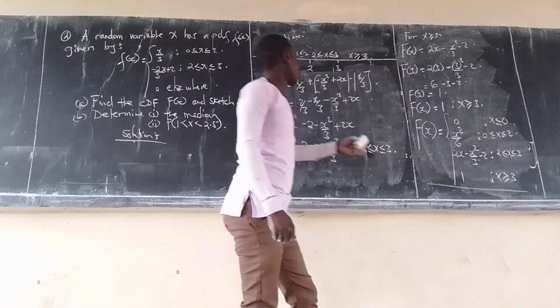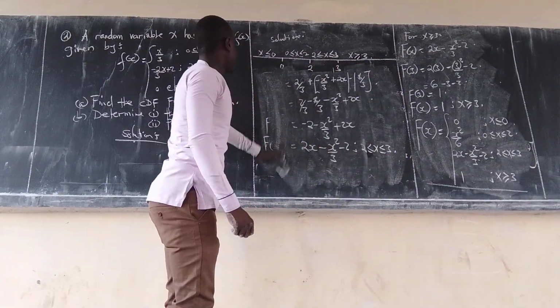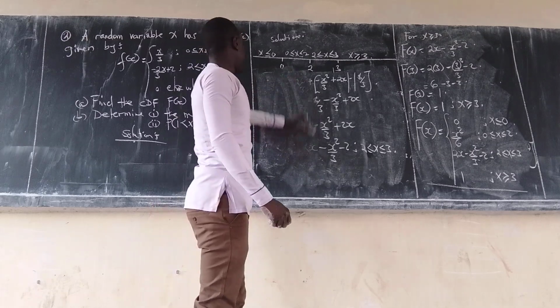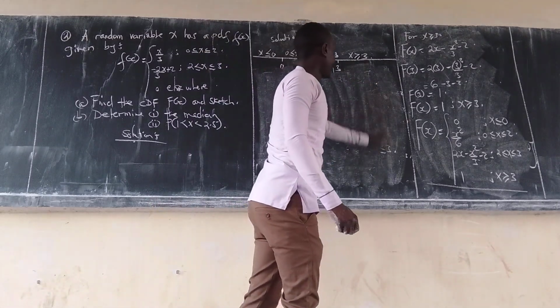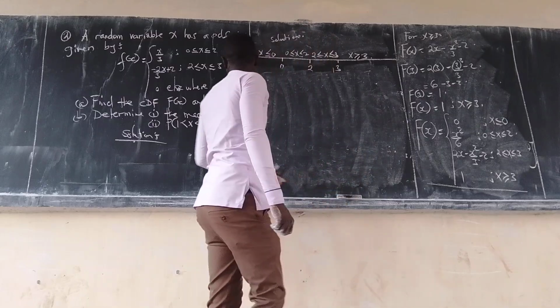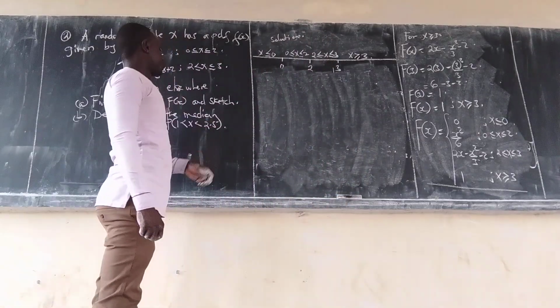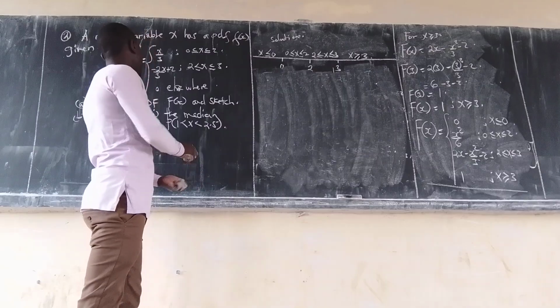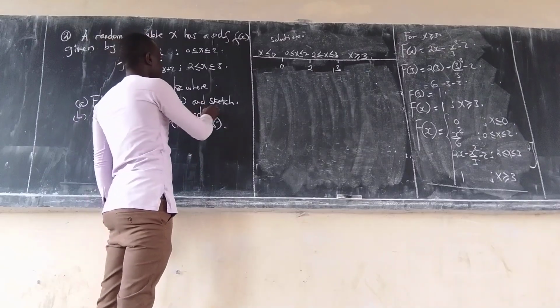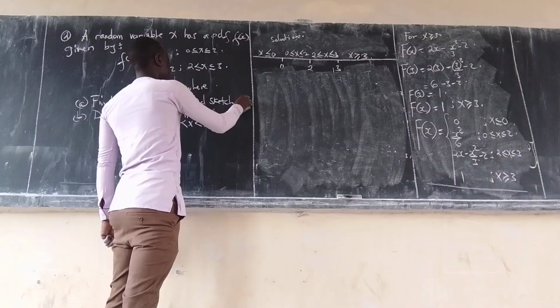So after finding capital F of x, they are telling us that we use that capital F of x. We need to sketch our capital F of x. So this was: find the CDF capital F of x and sketch it.